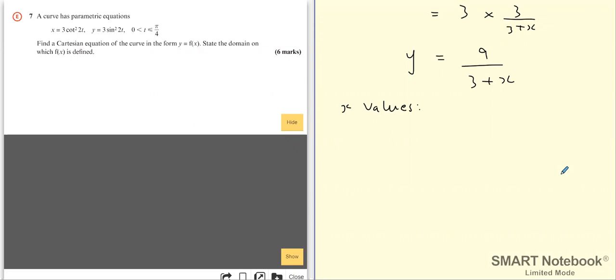That's good, yeah. If we think about it, for x values, we need to draw x against t.